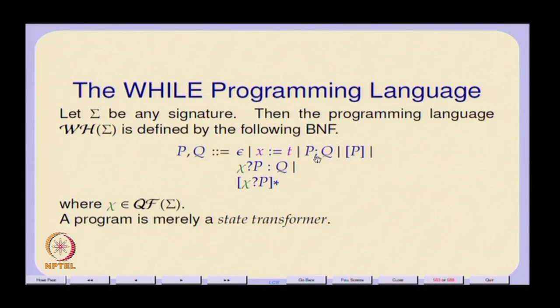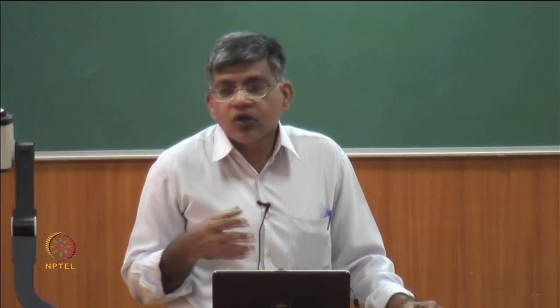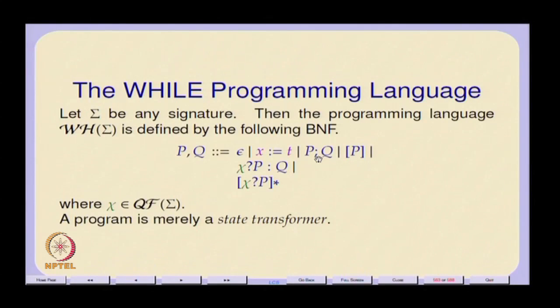Now, with the concept of a programming language, there is an issue of termination which we have to address at some point, but P semicolon epsilon is the same as P, and so on and so forth. Okay, so essentially the set of programs defined by this programming language forms a monoid under semicolon with epsilon as the identity element. So, it has a nice neat structure.